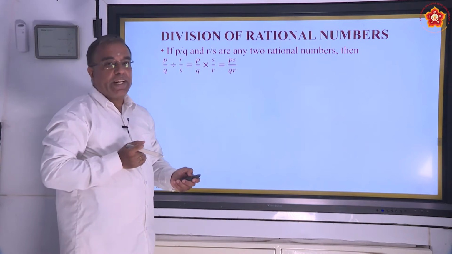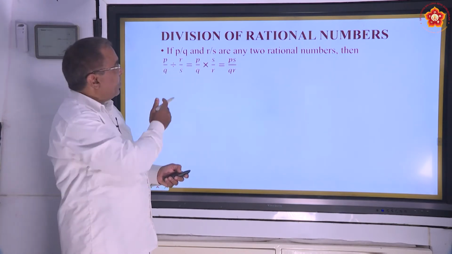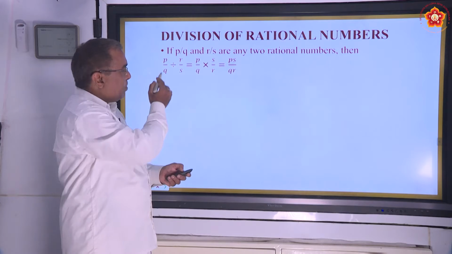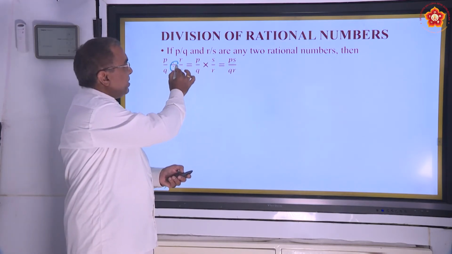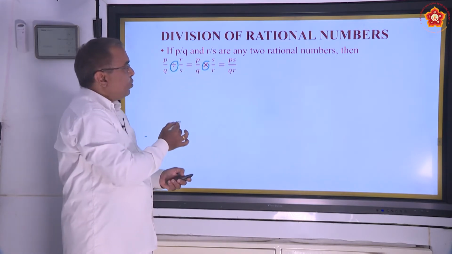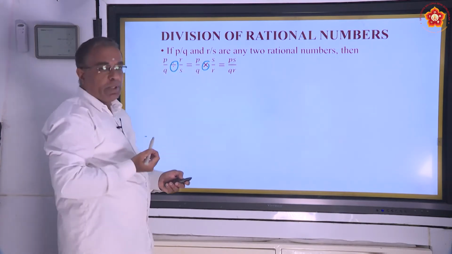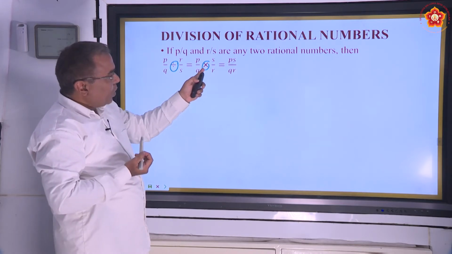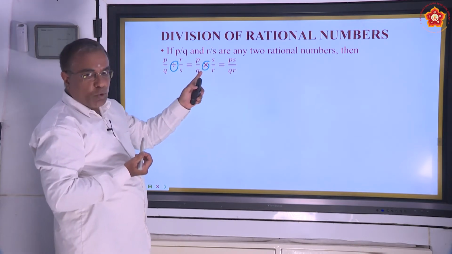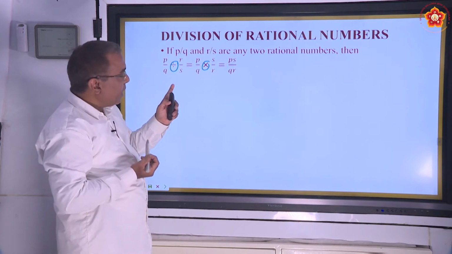Now how to divide any two rational numbers? Consider any two rational numbers p by q divided by r by s. Whenever we need to convert the division into multiplication, immediately we write the reciprocal of the subsequent rational number. So p by q division we are converting into multiplication. Whenever we do that, you need to remember this, it is a very important point.